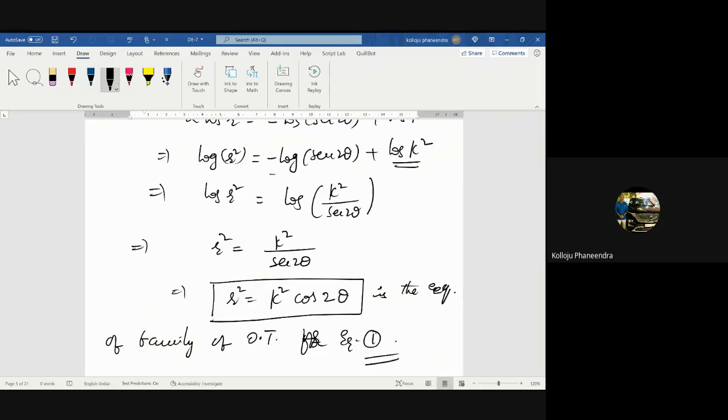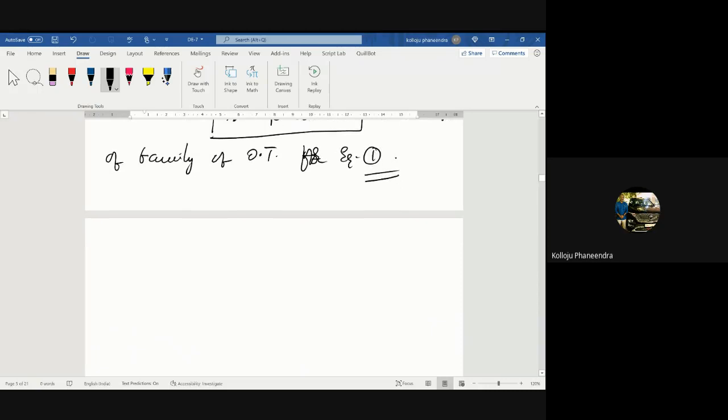Okay, this is one more problem, and you try this. Find orthogonal trajectories of the following curves.